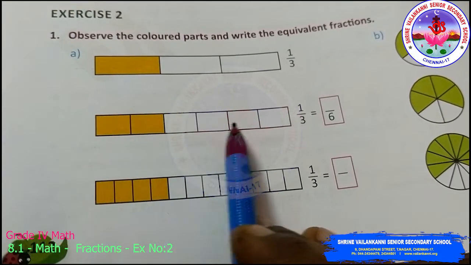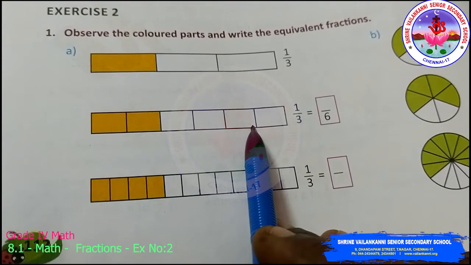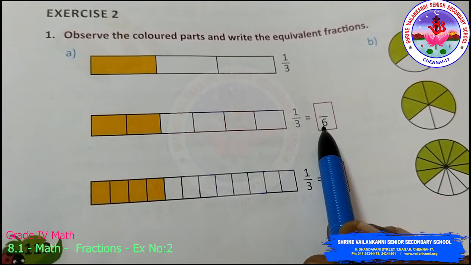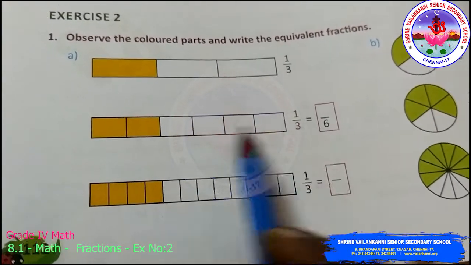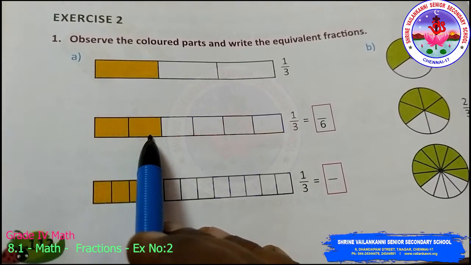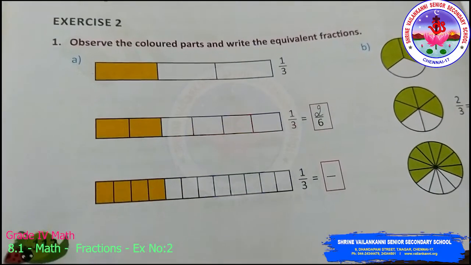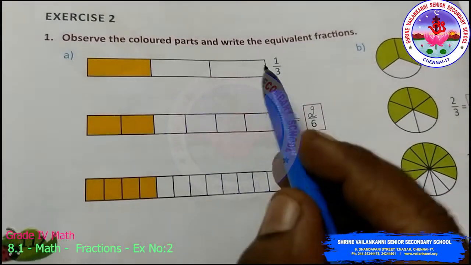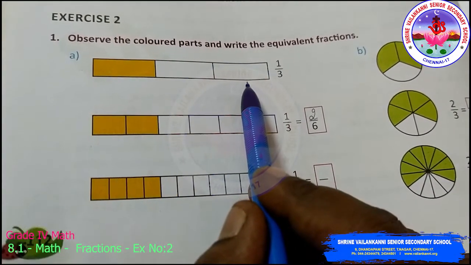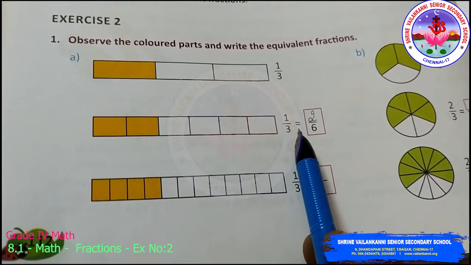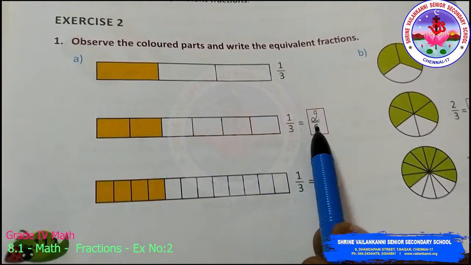Each and every part is equal, which is denoted as the denominator 6, and the colored part is 2. So the numerator is 2, which means this 1/3 is equal to this 2/6.